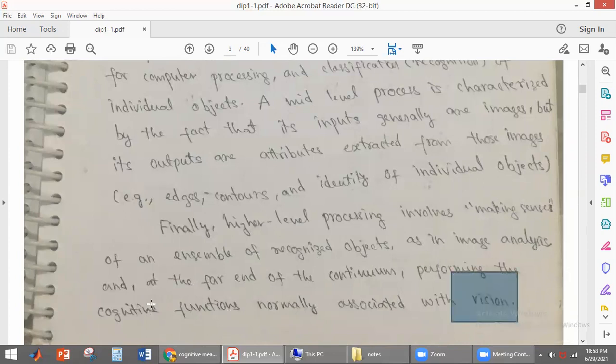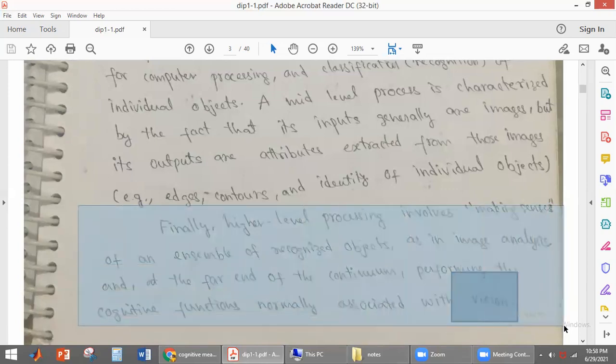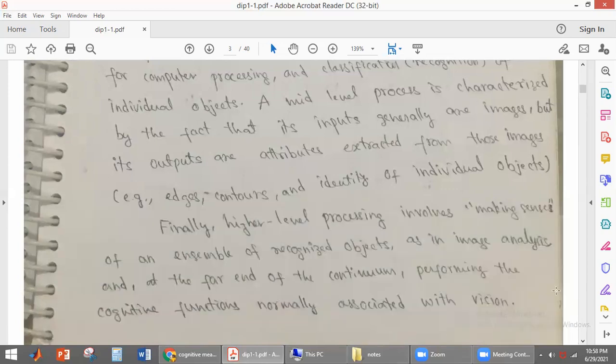It is able to make decisions based on the input data. For example, take an autonomous vehicle, where the automatic driving vehicle drives the car by itself. It is able to think by itself. Okay, so that comes under high-level processing. From the image data it is getting, it is able to think. That is called high-level processing.